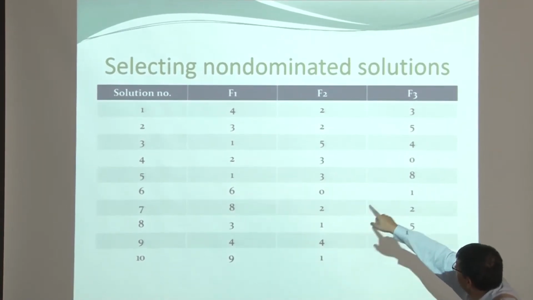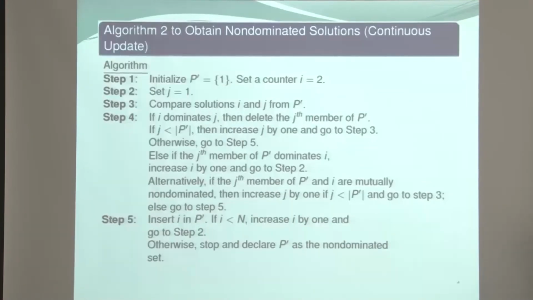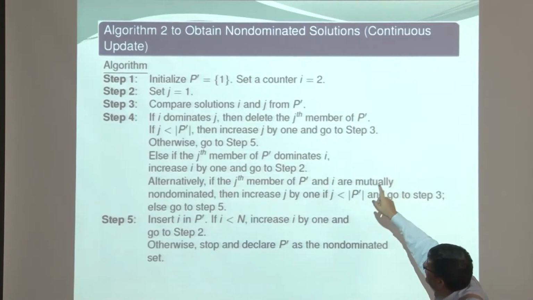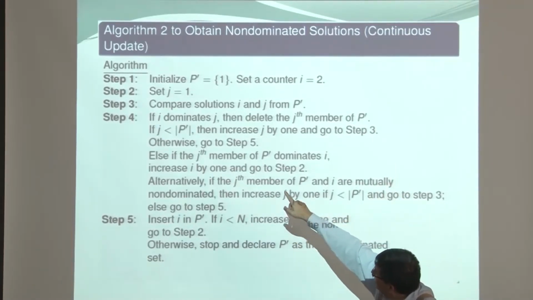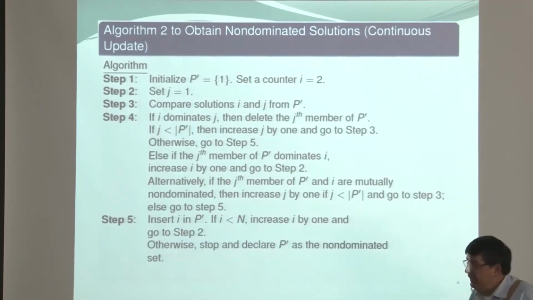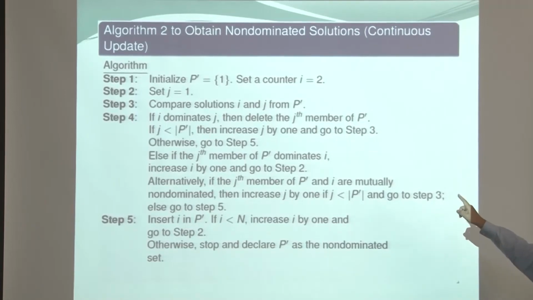So we compare solution 2 with respect to solution 1. This we can say because we already did it. We know this guy is non-dominated, right? Nobody is going to dominate him. And it says, okay, this doesn't happen. Then it says, if j is less than the cardinality of P prime, the cardinality is 10, then increase j by 1 and go to step 3.